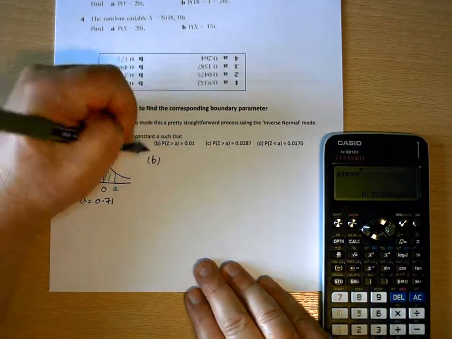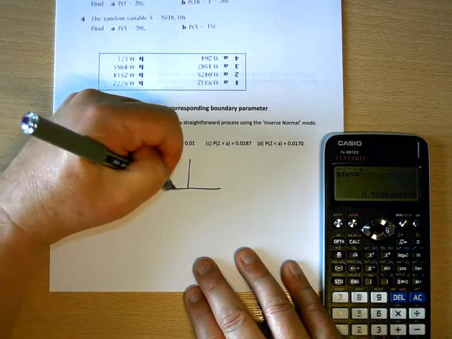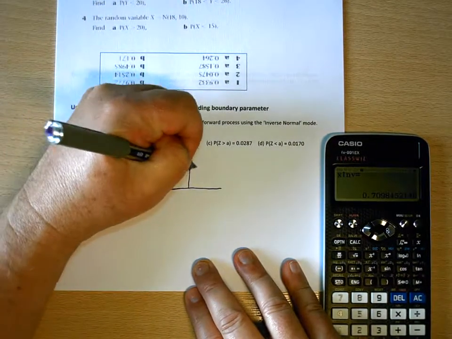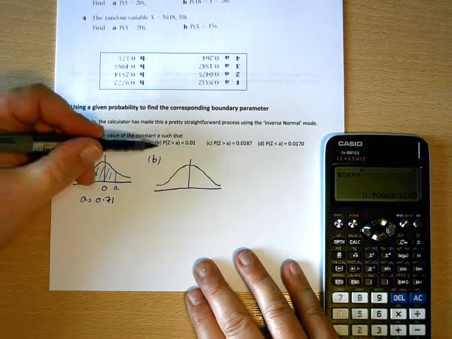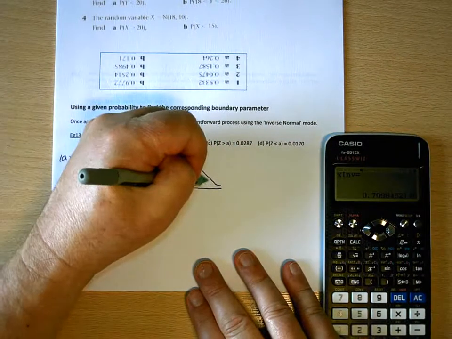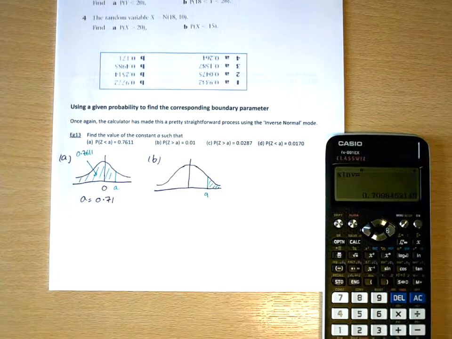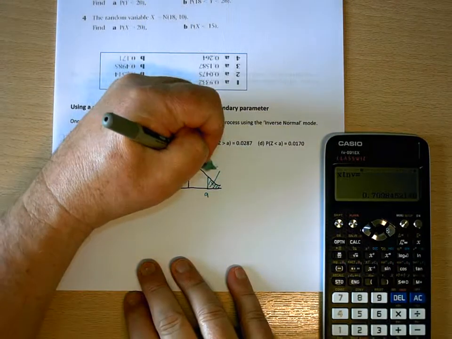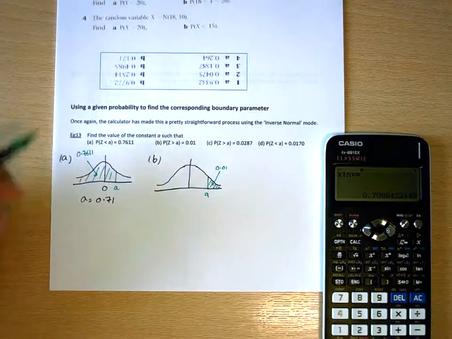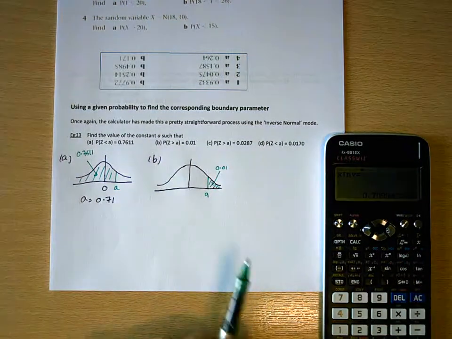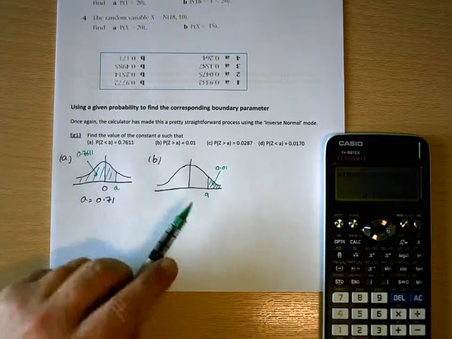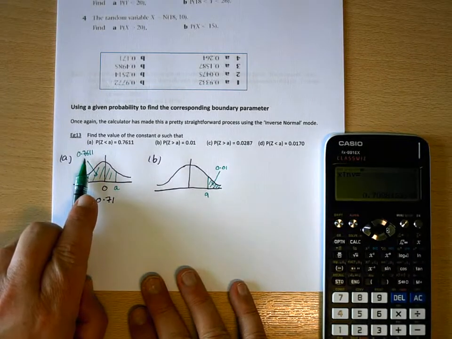Part B. This time, it's a little bit more work we need to do. I want to know where A is, such that the region above it is 0.01. The problem here is that the calculator only measures less than values.